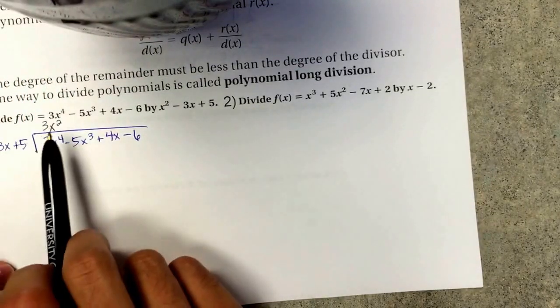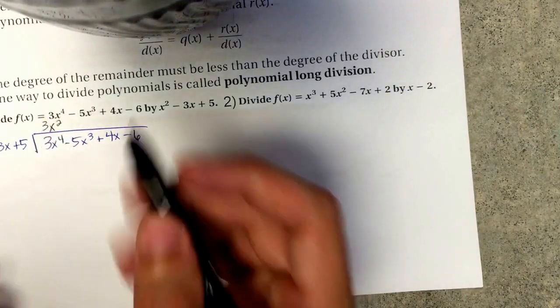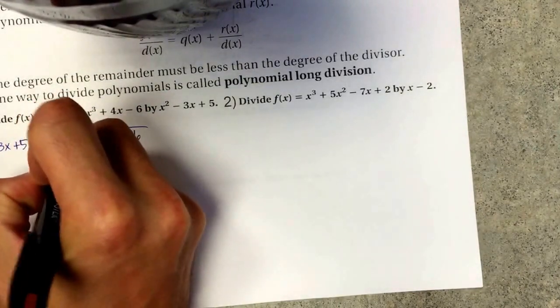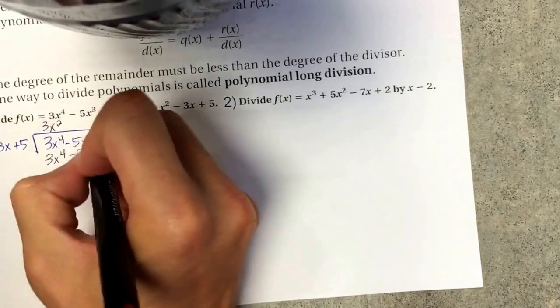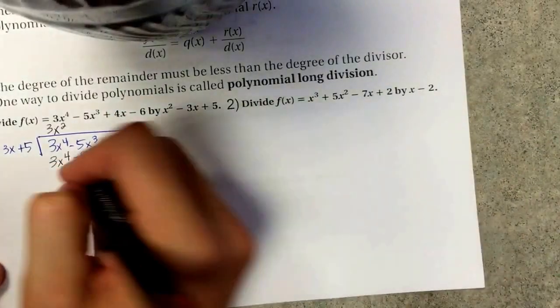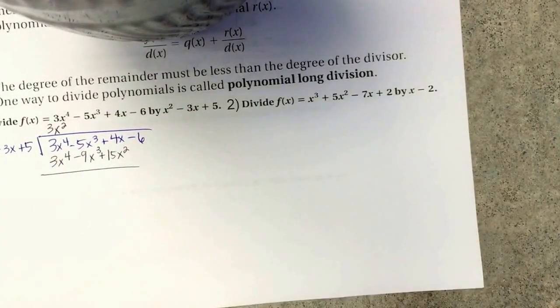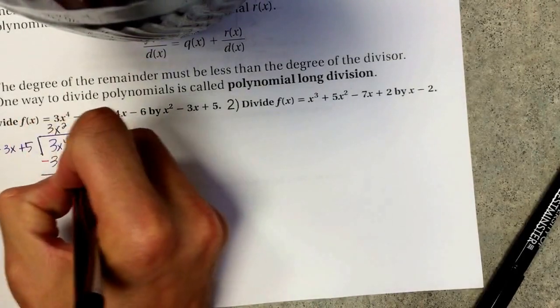When you multiply, you're now going to multiply that term by all 3 of these. So you're going to get 3x to the fourth, you're going to get a minus 9x cubed, and you're going to get a plus 15x squared. And all you're going to do now is subtract. Now remembering when you subtract things, all it's doing is changing all of the signs.